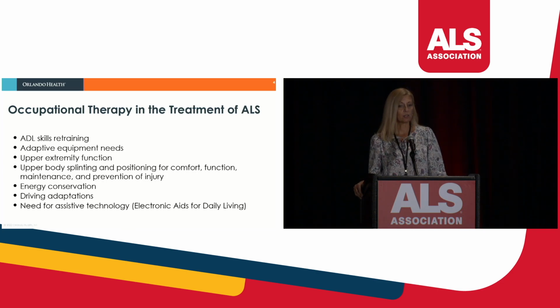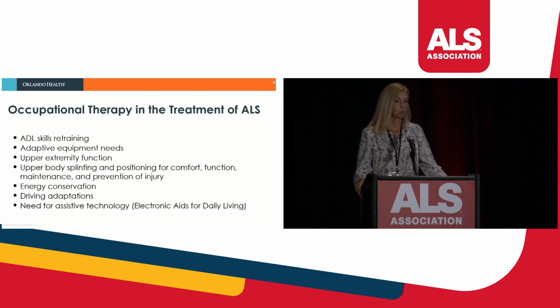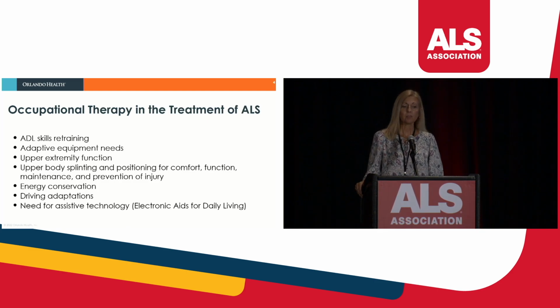We are addressing a lot of upper extremity function, because typically when you're doing an activity, we're using our hands and our arms, so that comes into play quite a bit. Along those same lines, depending on what impact the diagnosis is having on our arms, we're going to look at positioning and splinting to help improve comfort and positioning, reduce pain and injury, and then also maximize that function for someone.